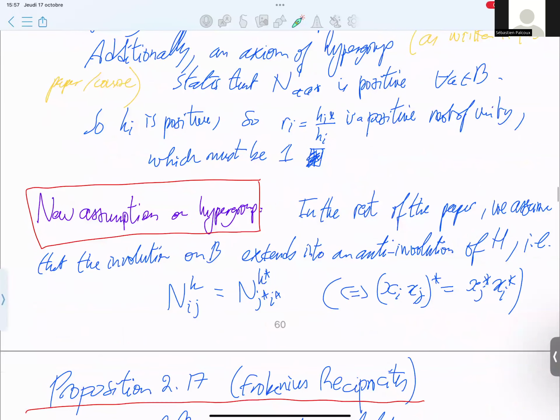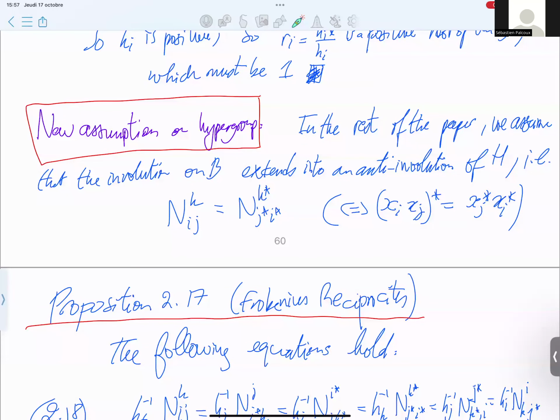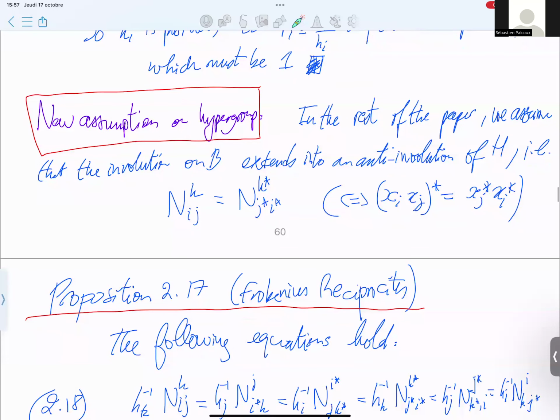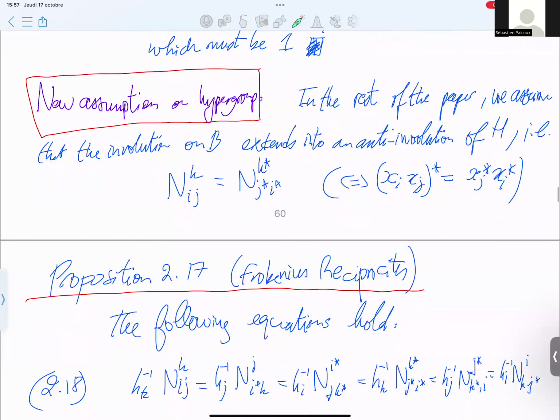Okay, new assumption on hypergroup, which we assume for the rest. You have to be careful in the definition of hypergroup.